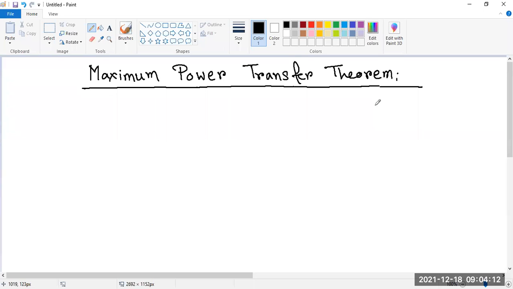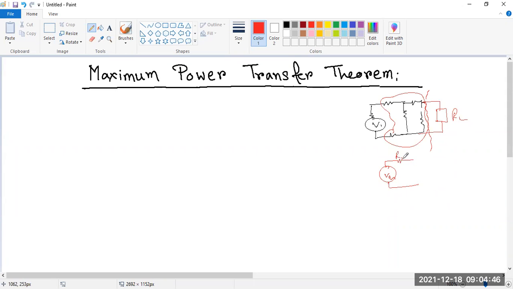Actually, it is saying that if this is a circuit, say this is a voltage source, and so many circuits are there. If you assume this is a load resistance, then except for this load resistance, all the internal resistance is converted into a voltage VOC, just like a Thevenin source, and a resistance R internal.